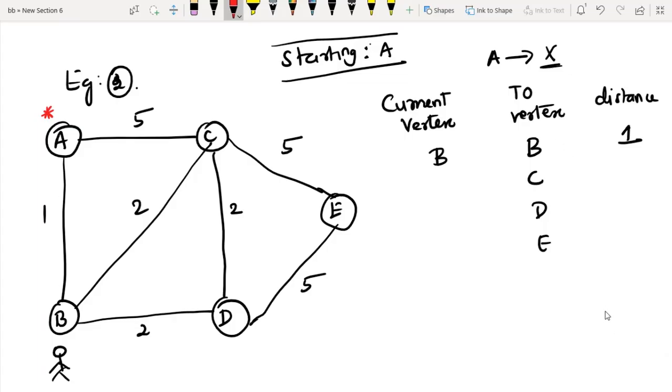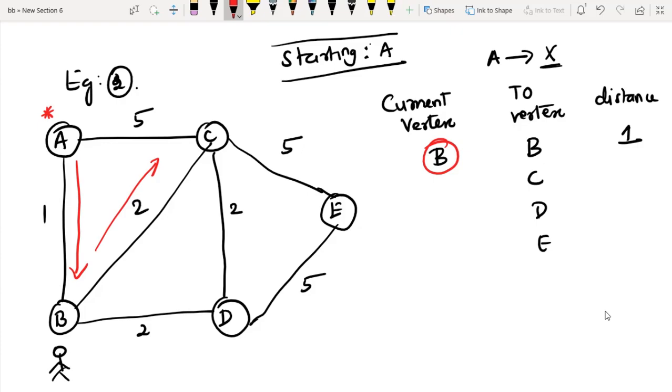Then you can see the current vertex is B. From B, which are the vertices that are directly connected? C and D are the vertices that are directly connected. So you write the distance from A to C. This is 1 unit and this is 2 units, so 1 plus 2 is 3.